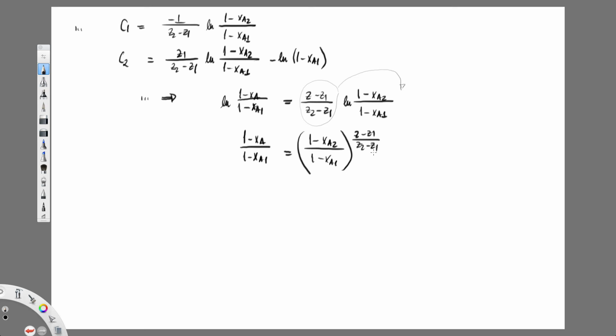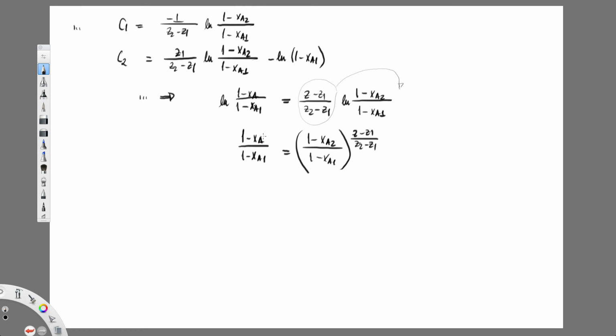Now this kind of looks scary, but this is really sort of like a normalized XA or version, normalized XB actually. What did I do right here? This is actually XB over XB1, right? This is XB2 over XB1, right? So this is just a number that you have based on the boundary conditions. And this is sort of a normalized length. So it's not as scary as it looks.